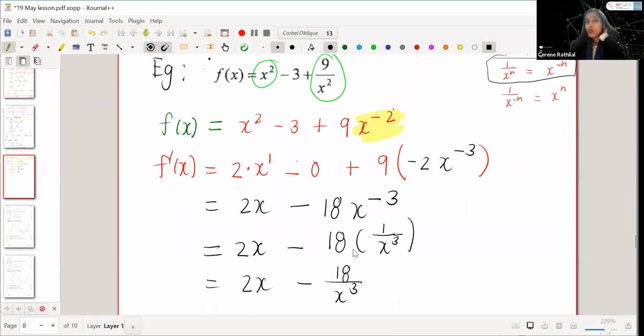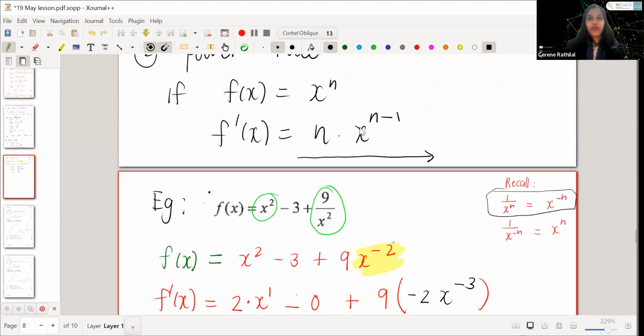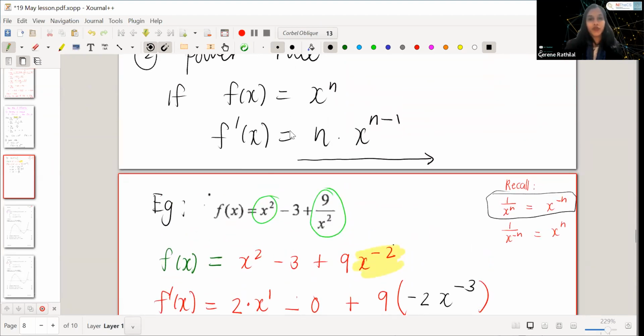So what did we end up doing? We were given f of x, and we were required to calculate its derivative. So this was f of x, and it was clear that based on the rules that we had, this third term here, that expression needed to be rewritten so that I could utilize the power rule. So it wasn't clear how this rule was going to be used.